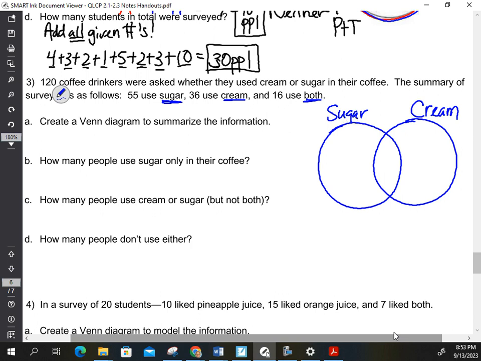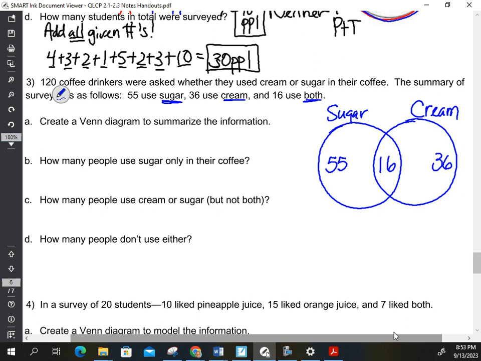So 55 use sugar, 36 use cream, 16 use both. Now, how that is set up, however, is wrong.